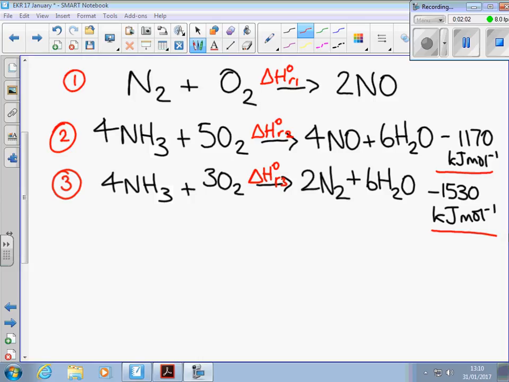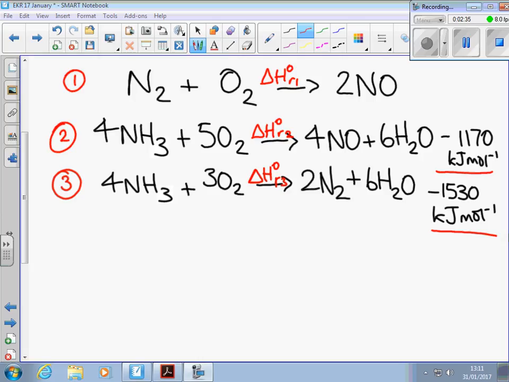Now, if you have a look at equation 3, we've got oxygen on the left again, which makes you think, well, yeah, all right, we want oxygen on the left, but we've got nitrogen on the right. So we're definitely going to have to turn that one round. So number 3 is going to have to be flipped. So the first thing we might be doing is halving number 2 and flipping number 3. However, we're going to need to do something else to number 3.